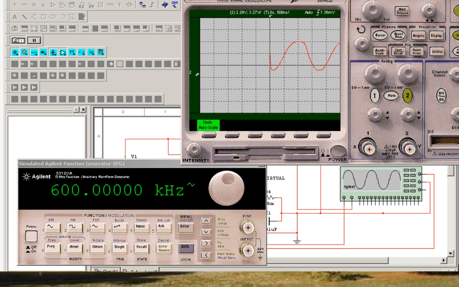Are you seriously kidding me right now? Well, if I do the run stop thing, you can see there's no distortion.